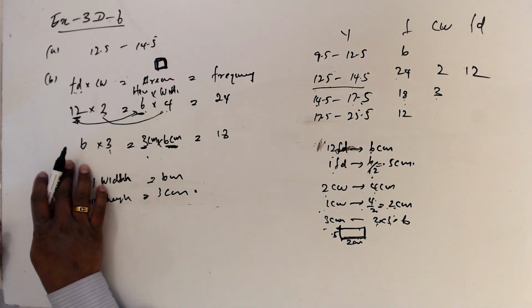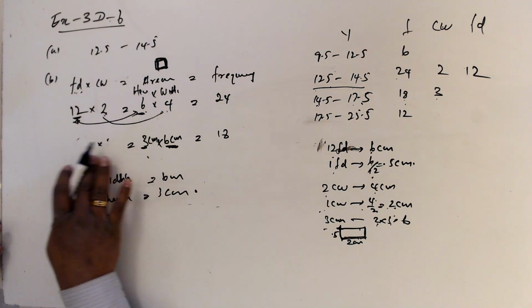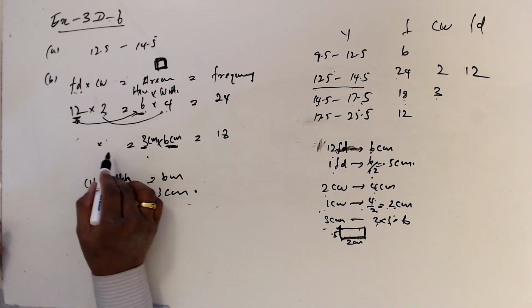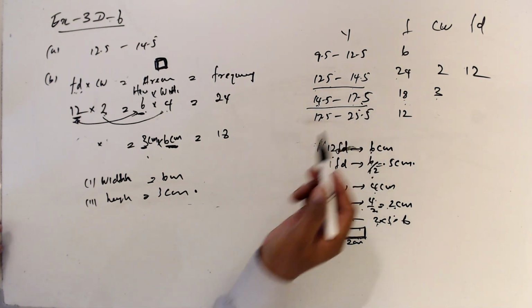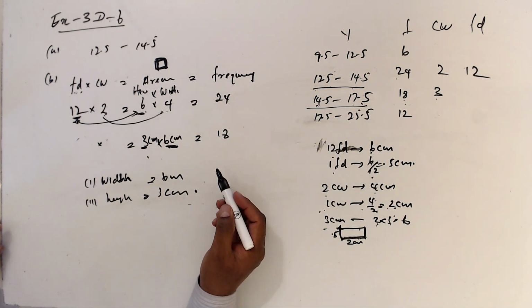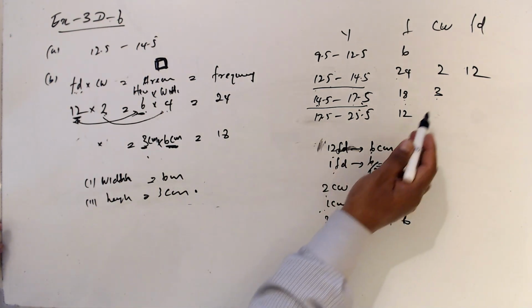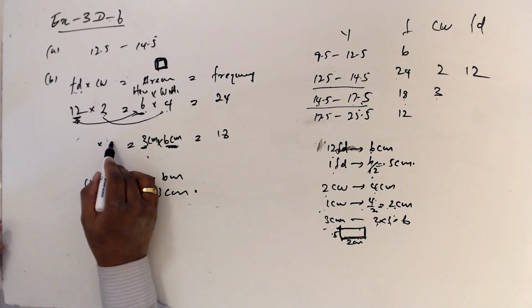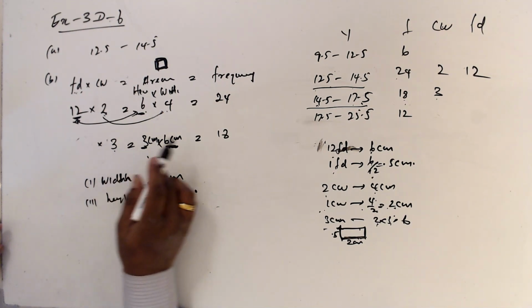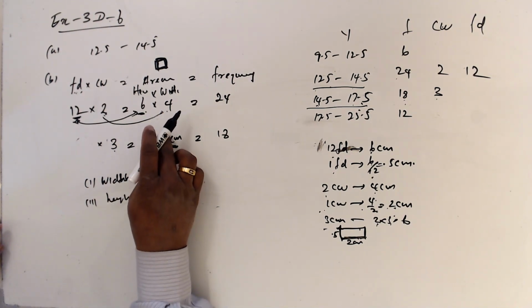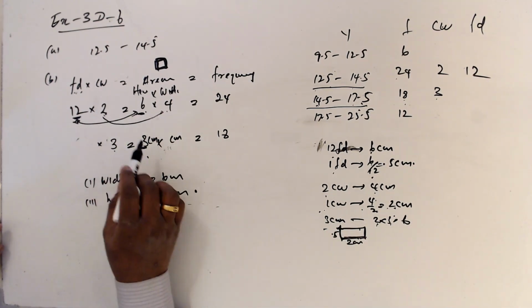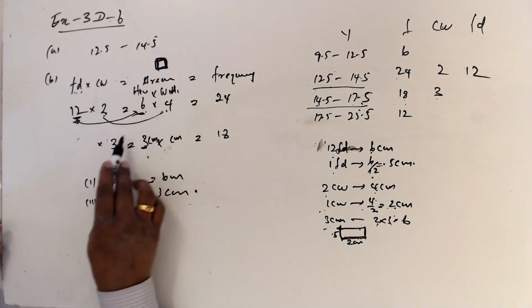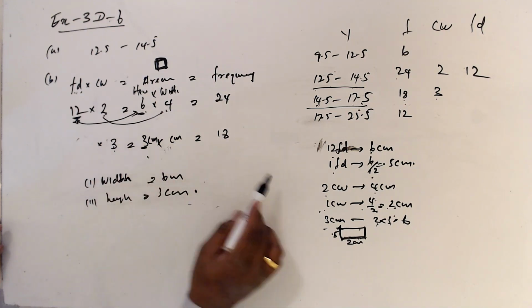Now I can find the class width because they are referring to 15 to 17, so class width is 3. From the ratio 2 to 4, what is 3? 3 to 6.